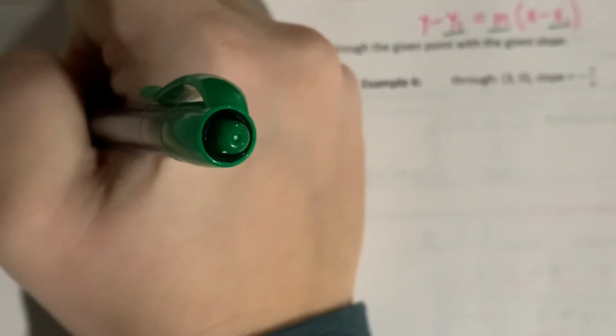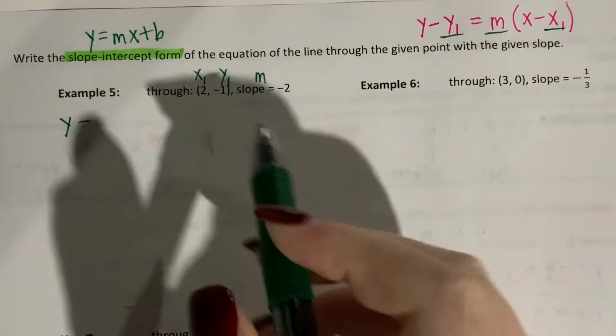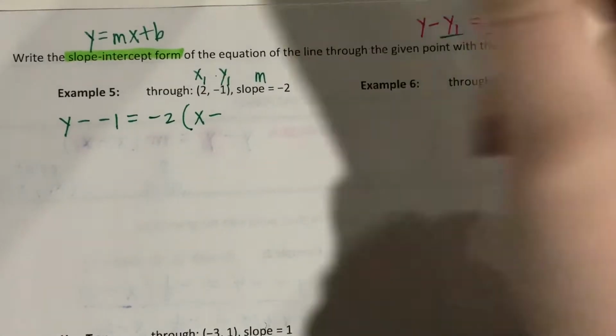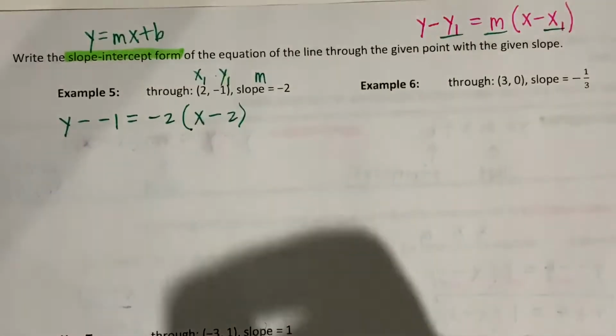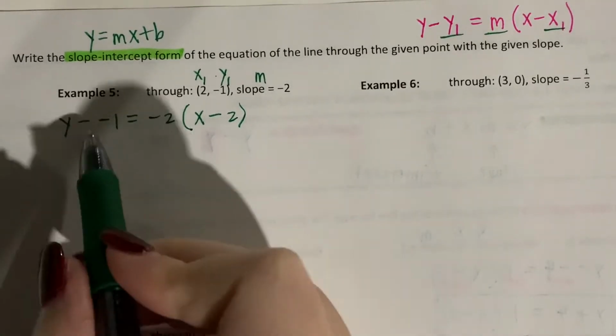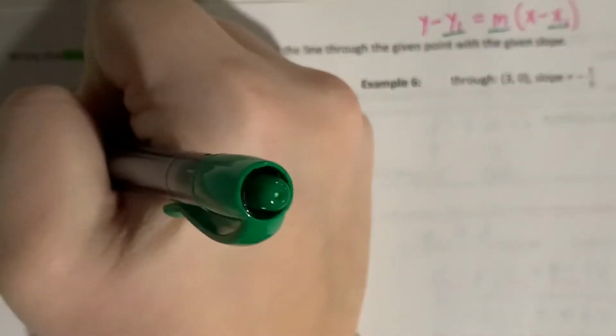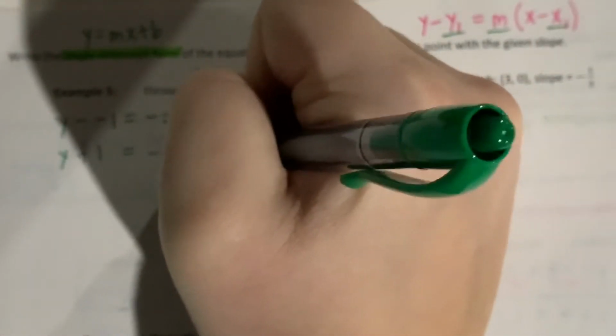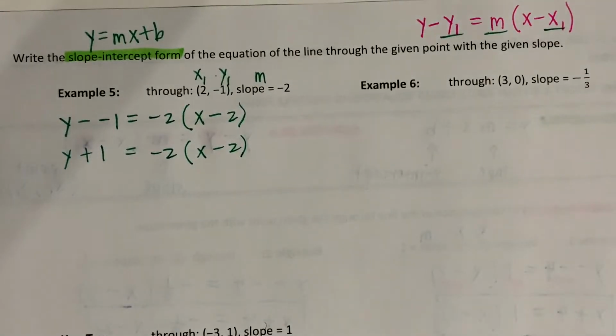So far we're not doing anything different. So I'm doing y minus, my y sub 1 is negative 1, equals my slope, which is negative 2, times x minus, and my x sub 1 is 2. We learned we do have to simplify when we see double negatives. So I can get rid of this minus a negative. So this becomes y plus 1 equals negative 2 times x minus 2.